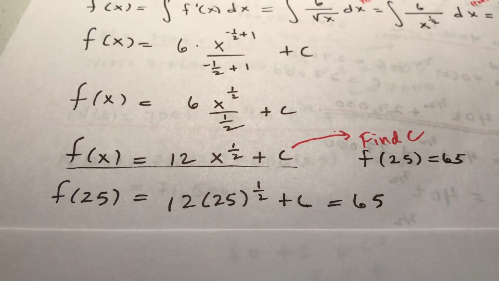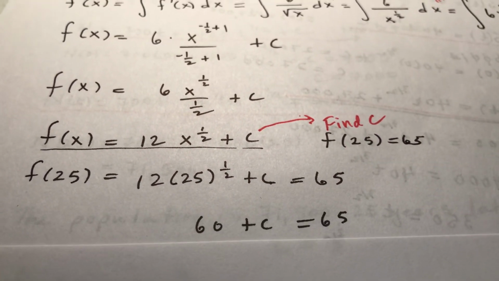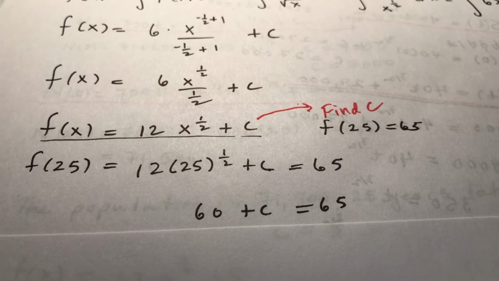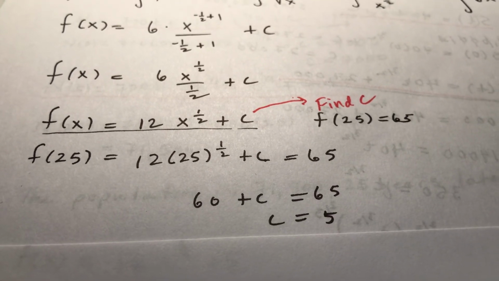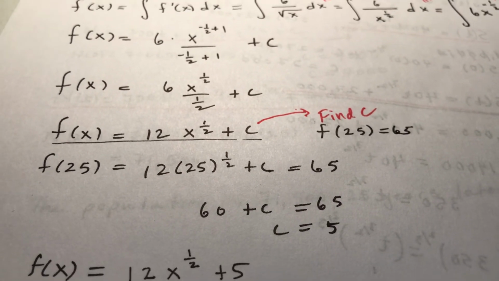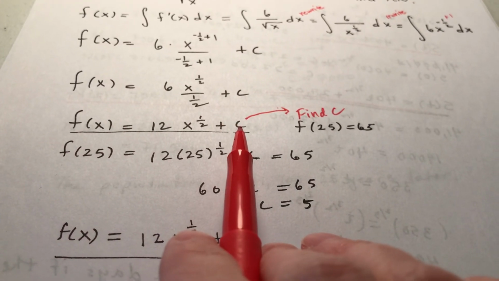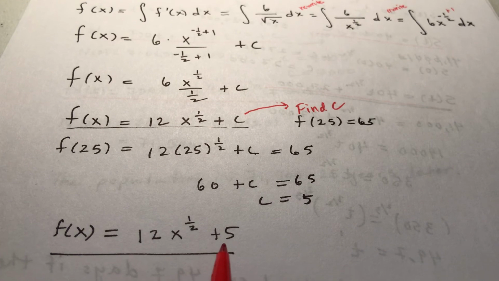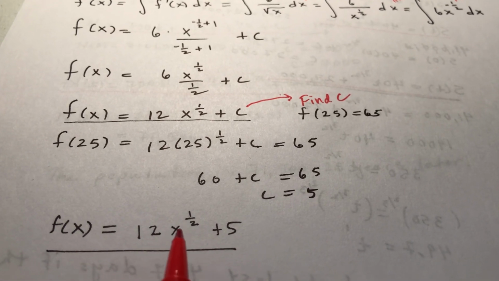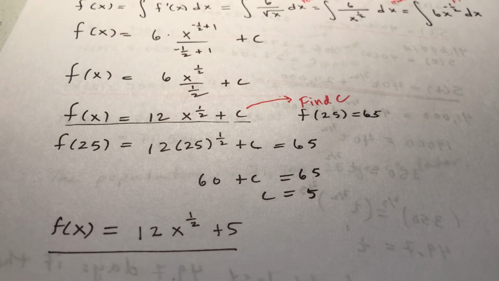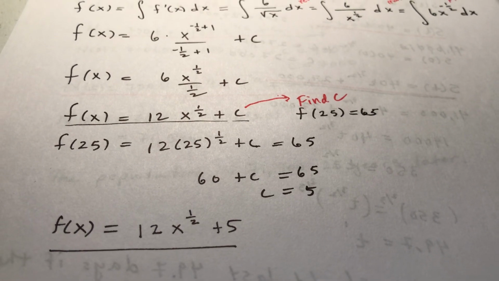If you put that in the calculator, it gives you 60. Subtract 60 from both sides, and you have a 5. And voila, this c, you can now put a 5 in. And your f of x is 12x to the 1/2 plus 5. I'll be back for the rest.